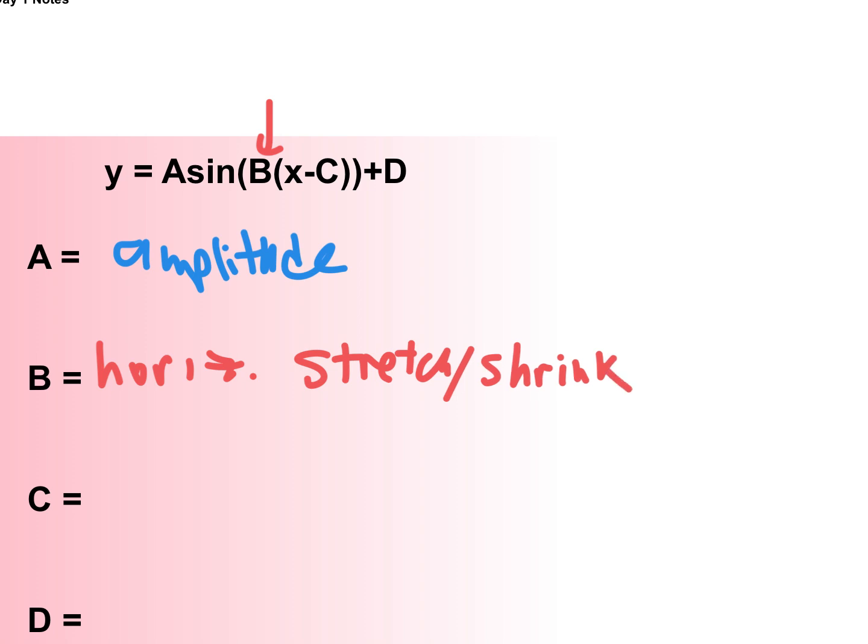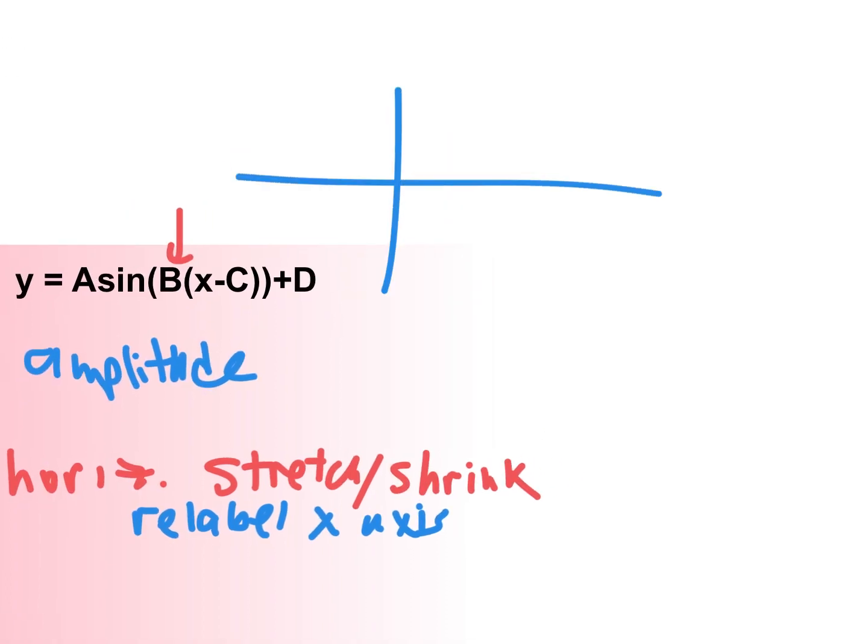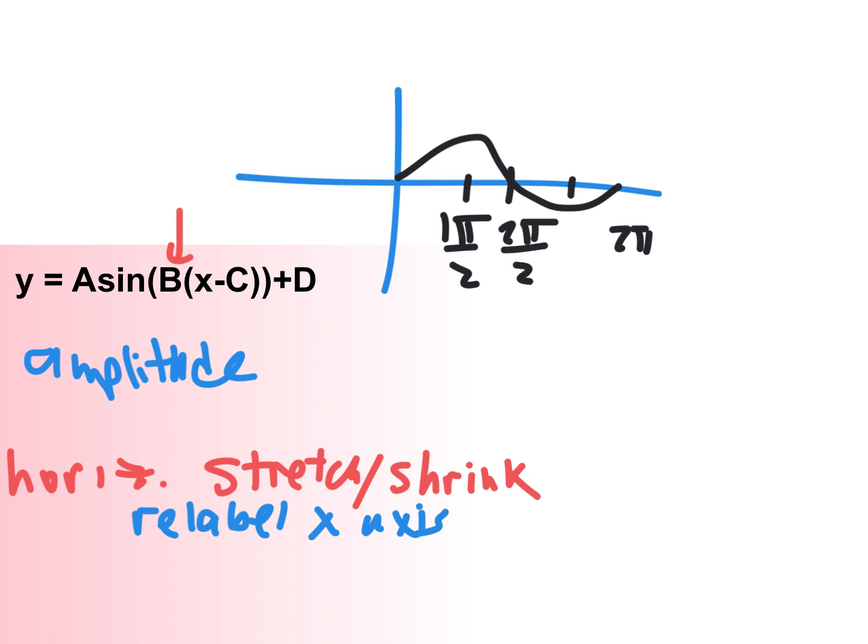And I'm going to put something that you may not understand right now, but relabel x-axis. This is one of the key jobs you learn how to do. When we were graphing this thing, and I was saying it goes to 2 pi, and this spot here is 1 pi over 2, 2 pi over 2, 3 pi over 2, and 4 pi over 2.